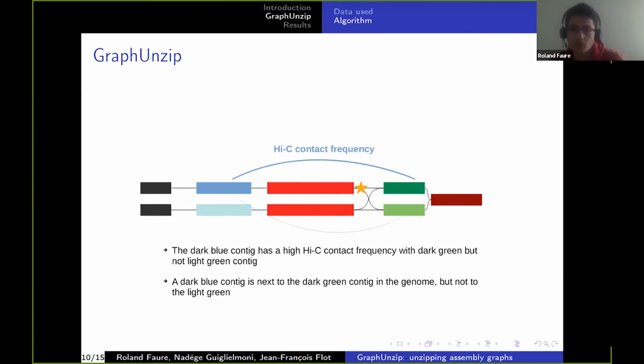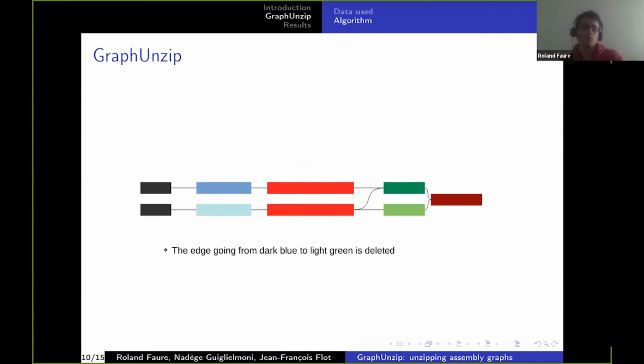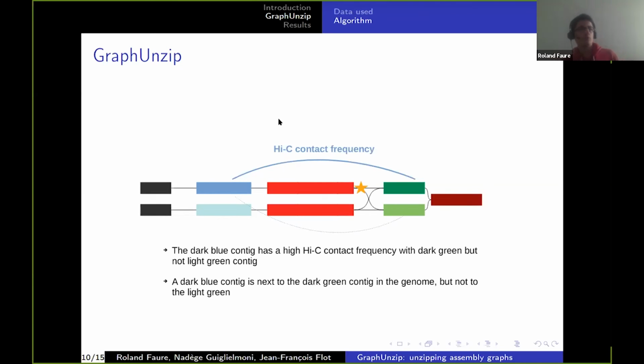Yes, we tried other things too. Another thing we tried was the BUSCO score, which looks at the genes that you expect to see in the assembly, and you can measure if you saw them once or twice.